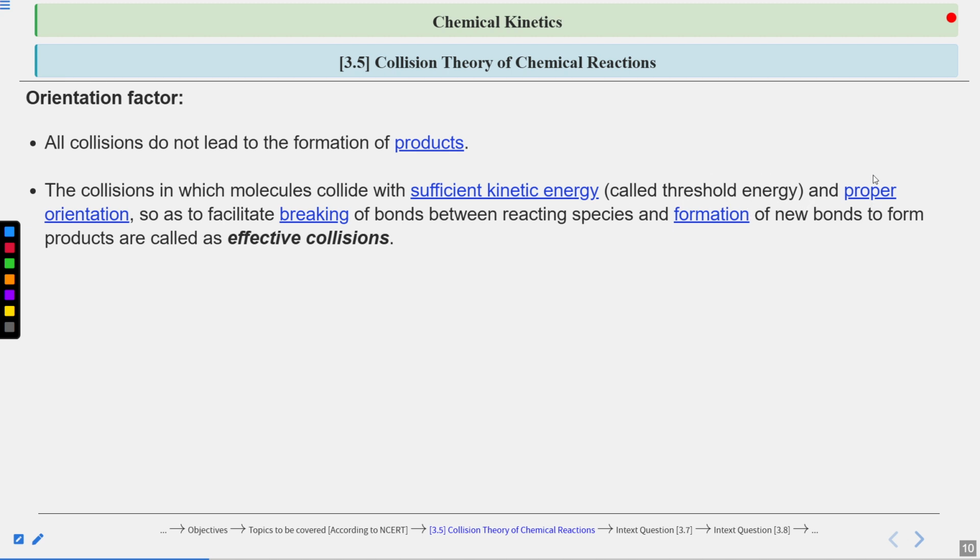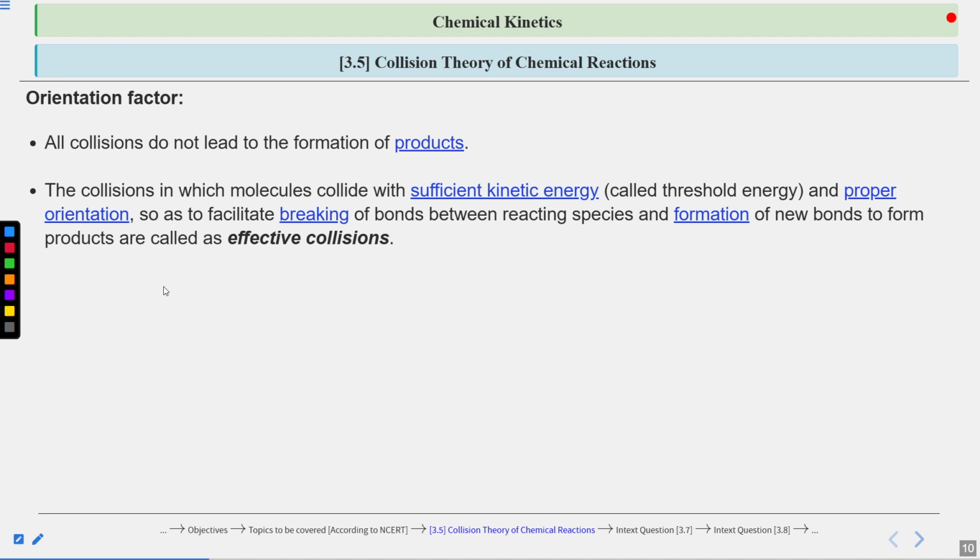And they should have proper orientation so as to facilitate the breaking of bonds between the reacting species, that means the bond which is binding those two reactant molecules together, and the formation of new bonds to form products.